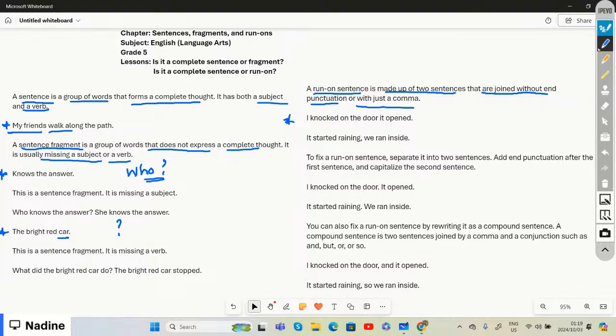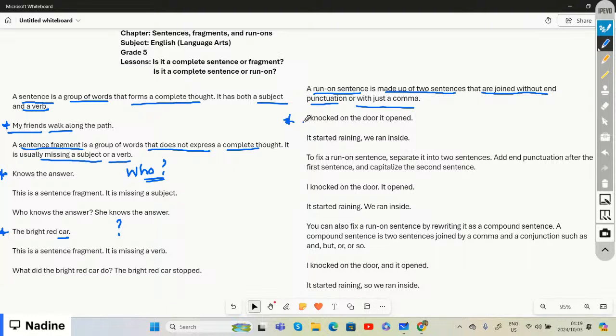All right. So here it says, I knocked on the door.